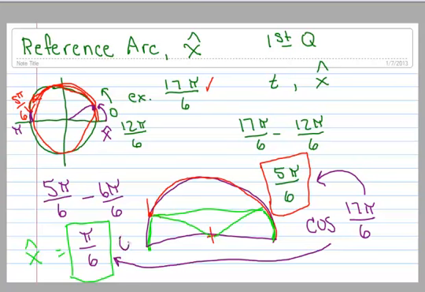The reference arc is always in quadrant 1, and then knowing that your 17 pi over 6 ends up in quadrant 2, you know that because you found the least positive coterminal arc, therefore, you automatically know the sine and the cosine, because you just apply the correct positive or negative sign to it. So that's why that one is important. Okay, that's the end of this example.